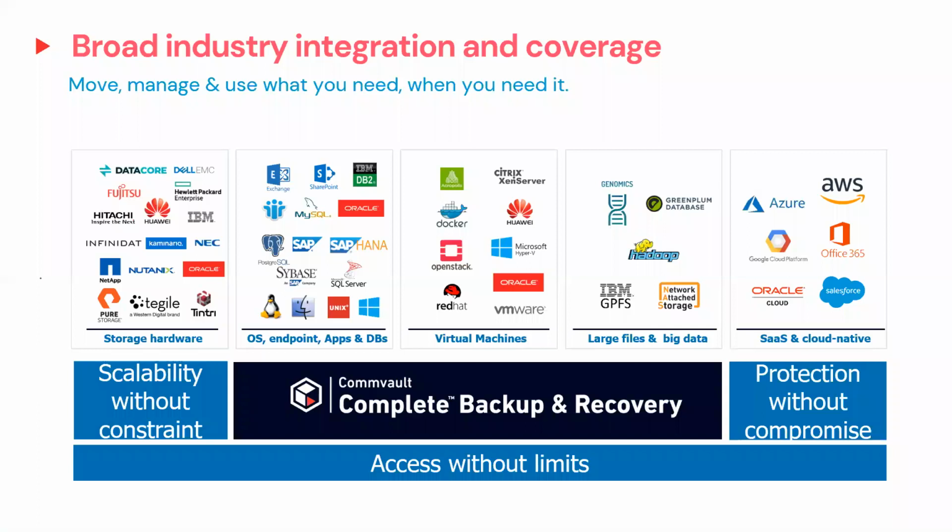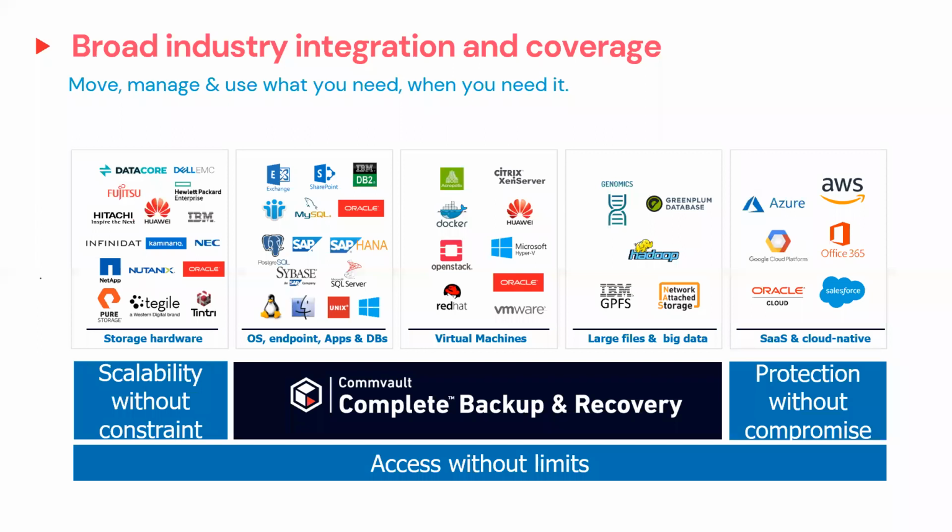So this is what we call the integration and support matrix for Commvault. When Commvault says that we support a certain brand, solution, or application, it means that Commvault will have a special agent installed just to talk to that application. We will install an agent in every server, in every VM.